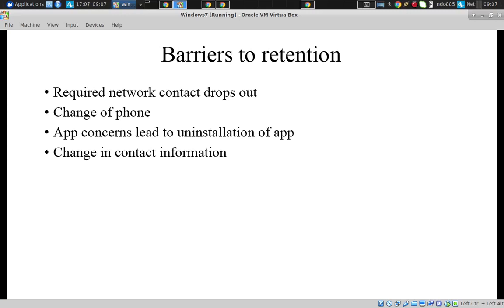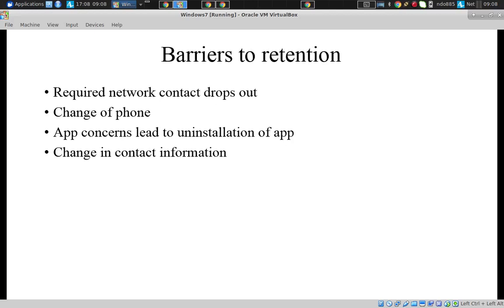Studies like this are often involved to get started, and then the worst of the pressure comes off, but you need someone to keep engaged from the administrative side to make sure that things are still staying on the rails. There are barriers to retention for people, or to put it another way, causes of attrition.